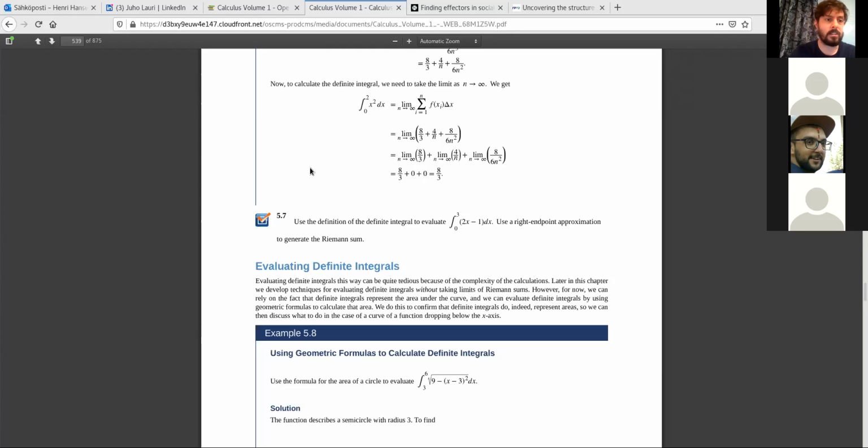So I'll take 1 over n times the sum of 18i, then minus the sum from 1 to n of 3 over n. We add n of those together, then that's just 3.